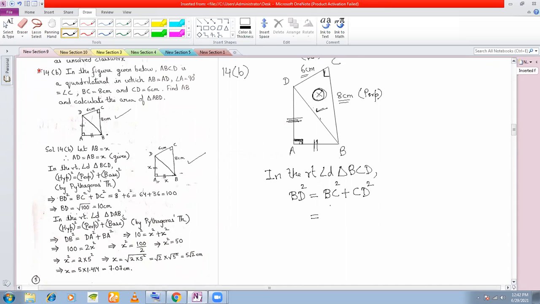Now see, the lengths of BC and CD are given to you because we need to find out BD. Put them in: BC is 8, CD is 6. So you calculate this to be 64 plus 36, which is 100. Therefore BD square is equal to 100. That means BD must be equal to square root of 100, which is equal to 10 centimeters.